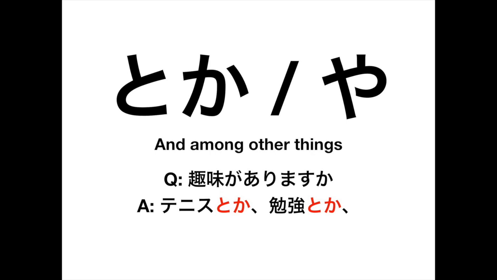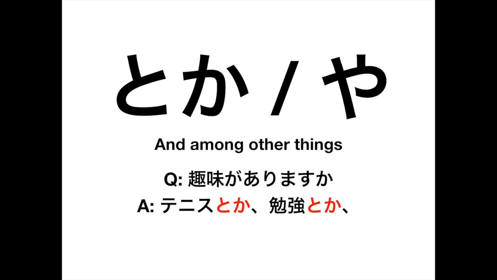So anyway, the next one is とか or や, which means among other things. And this might be a little tricky for you to conceptualize at first, but again, don't worry about it. It's just something we use. So this is a question answer example that I thought of. And so it says 趣味がありますか? Which is, do you have any hobbies? And the answer to that is, like if someone's like, あります。テニスとか勉強とか.